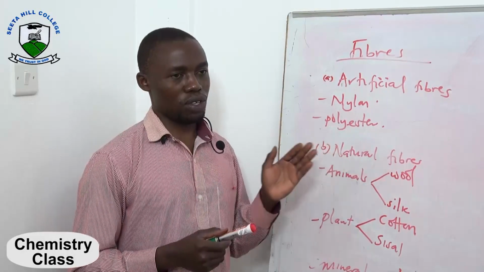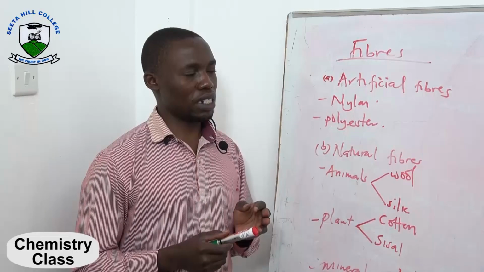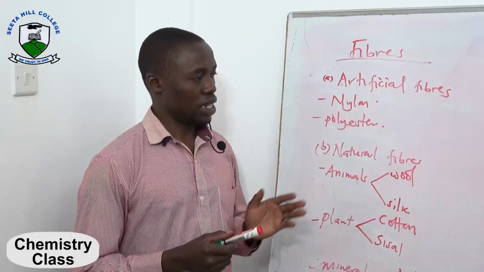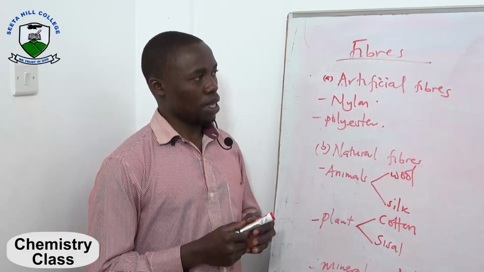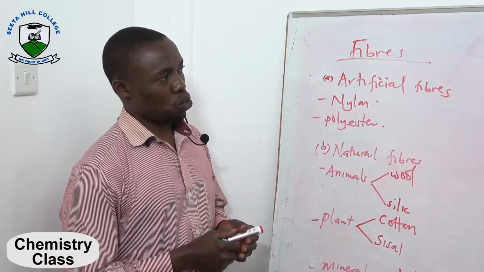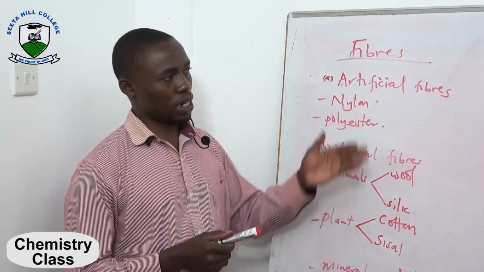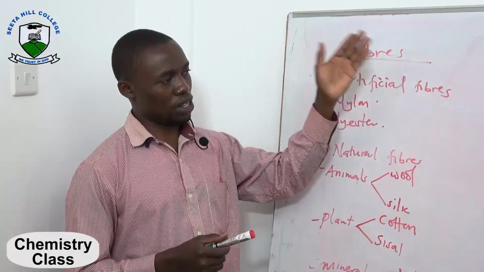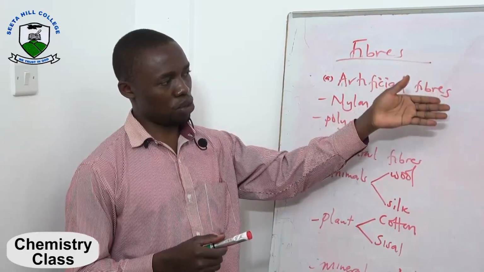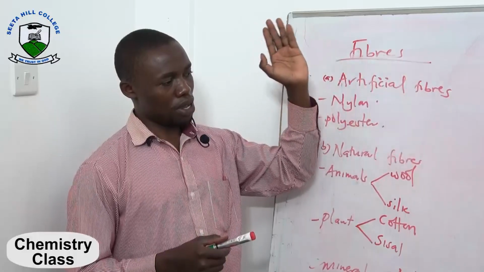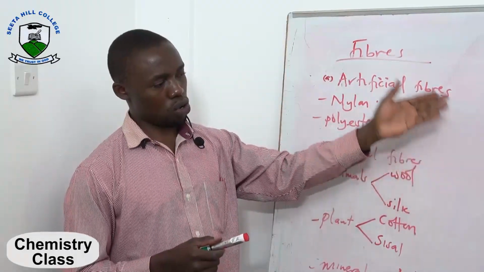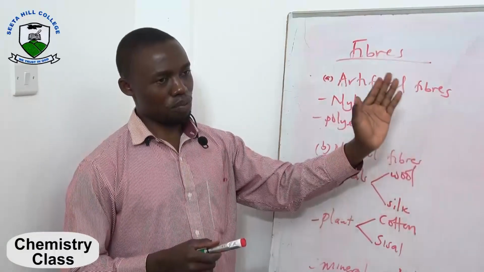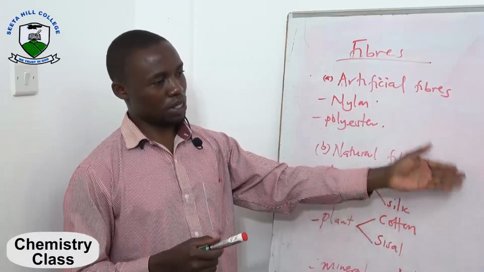Then we gave uses of clay, uses of glass, etc. Then we came to types of polymers, natural and artificial. Under natural polymers we saw starch, proteins, etc. Under artificial polymers we saw polyethylene, nylon, and many man-made polymers.